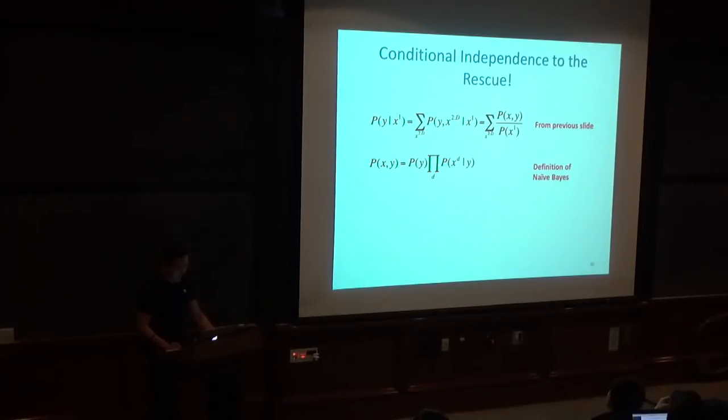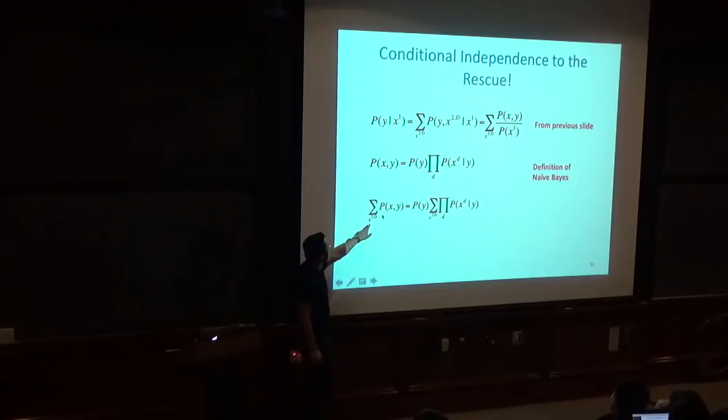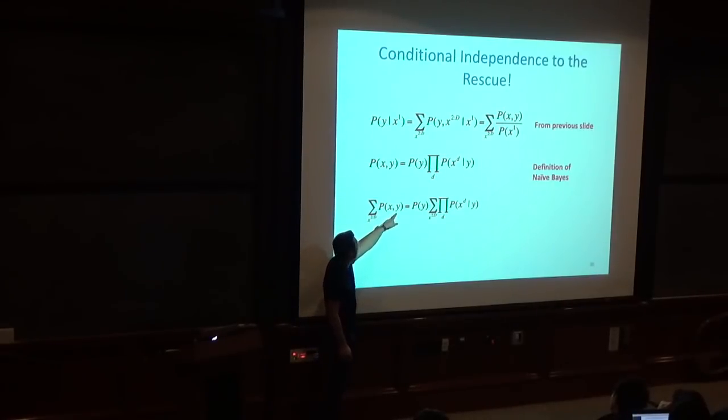So everything up until now is from the previous slide. And so here, this is the quantity that we want to sum over. We don't sum over all of x. If we summed over all of x, we would just get back p of y.